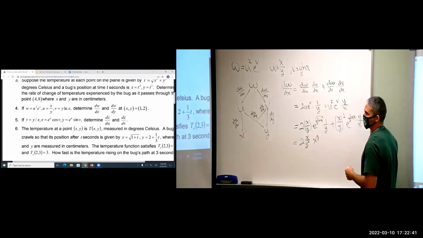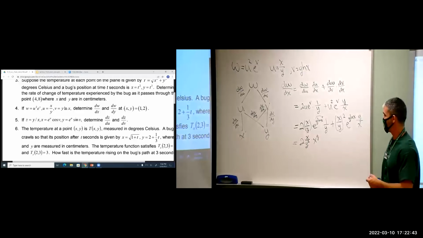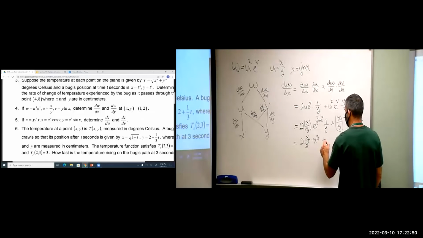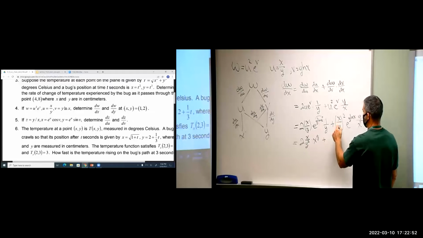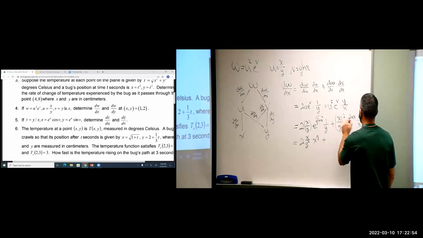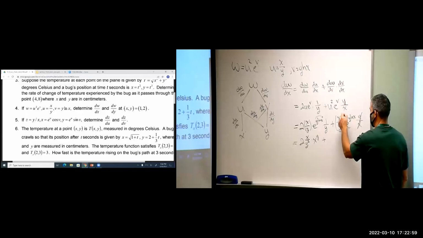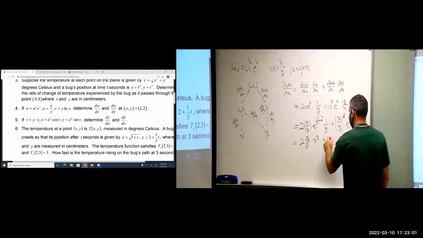You don't need to be able to do that to solve this, because when you put in the points, you'll still get the same thing, but that's just cleaning it up a little bit. Now here, I've got an x over y squared, but I've also got a y over x, right? So that is going to cancel out one of those. So x over y, and then this is the same thing, that x to the y.